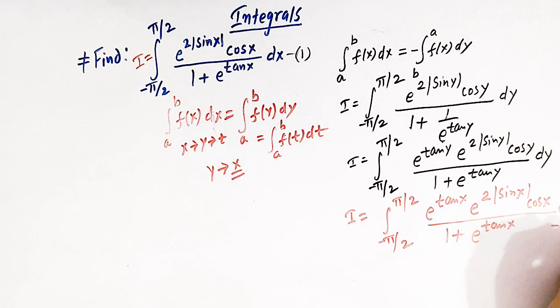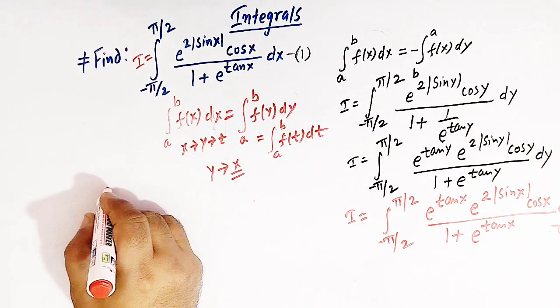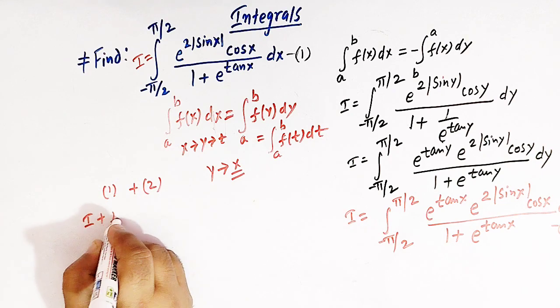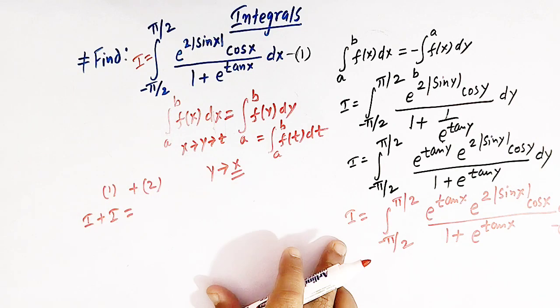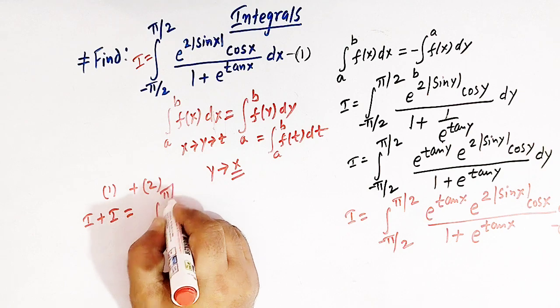So now let us call this integral number 2, and now we'll add integral 1 and 2. So we get I plus I on the left hand side, and minus pi by 2 to pi by 2.